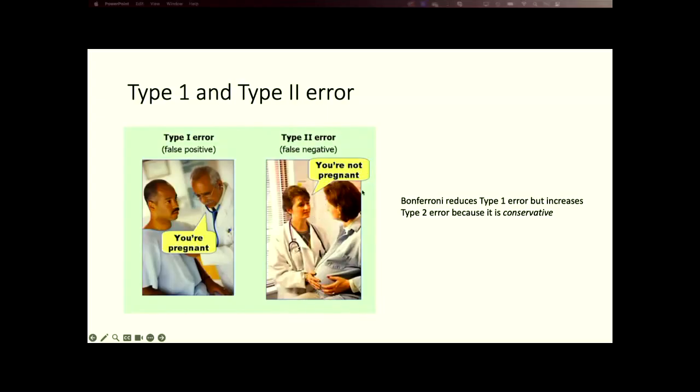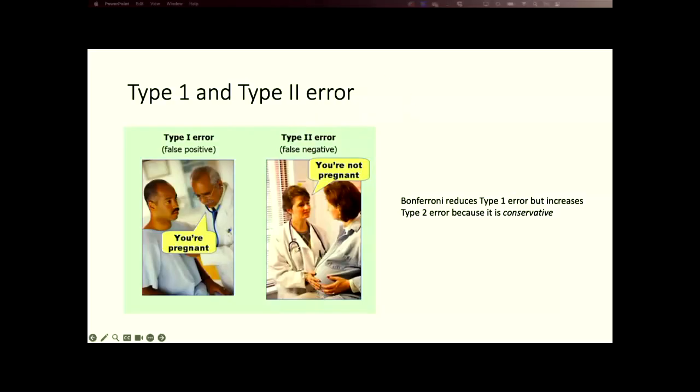We need to think about different ways to correct for type 1 and type 2 error in our data set, summed across all of these tests we're doing. This slide normally gets a lot of laughs too. A Bonferroni correction reduces type 1 but increases type 2 error because it's conservative.